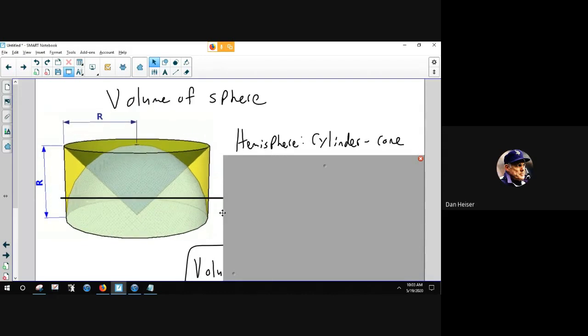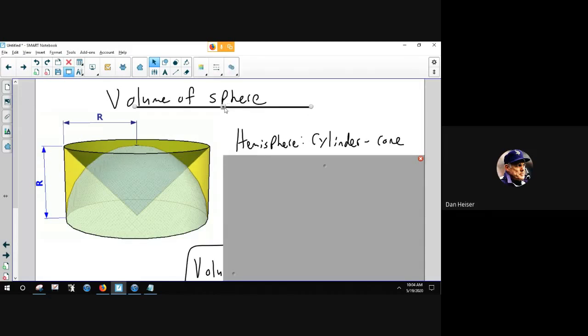Cavalieri's principle says that all of these cross sections are going to be equal. And that's a little difficult to prove in this case, but I can explain it this way.